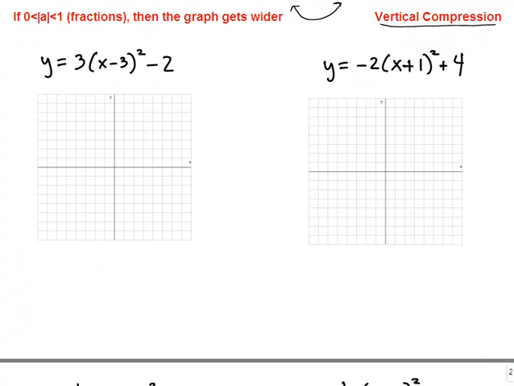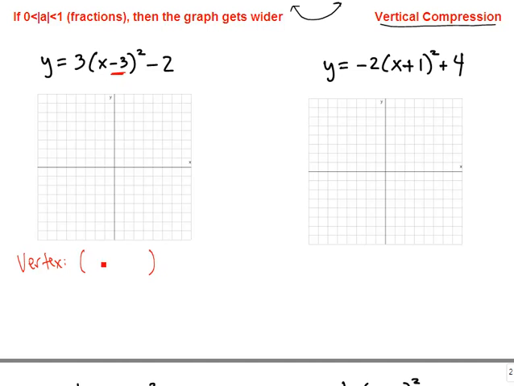So in this next example, we have y equals 3 parentheses x minus 3 squared minus 2. So the first thing that you always want to figure out is your vertex. Your vertex is going to be that key starting point before you can apply your pattern. So our vertex here is going to be the opposite of this number inside of the parentheses.